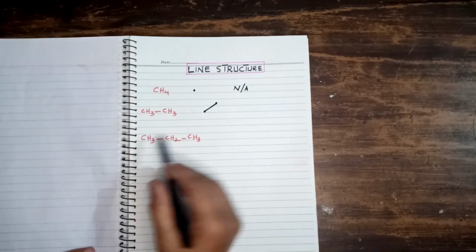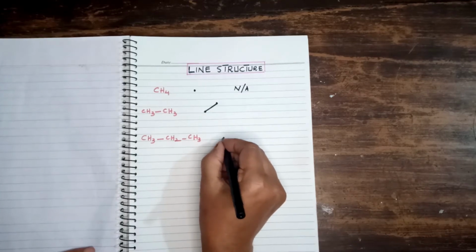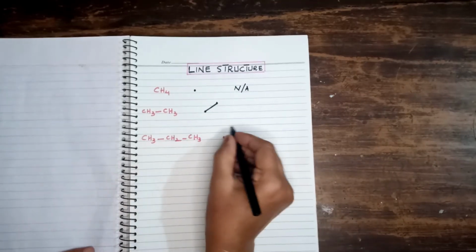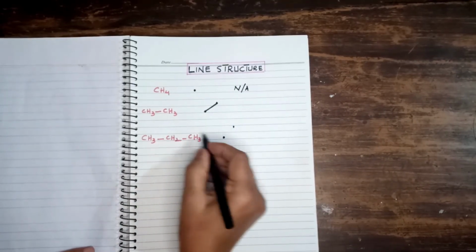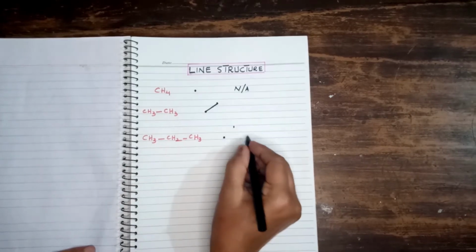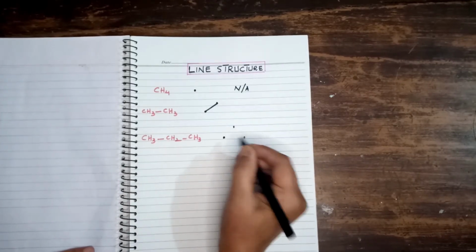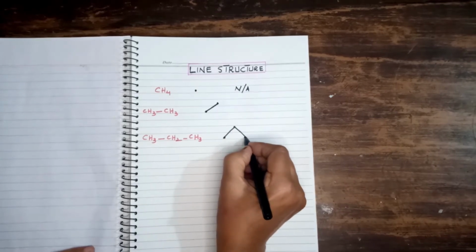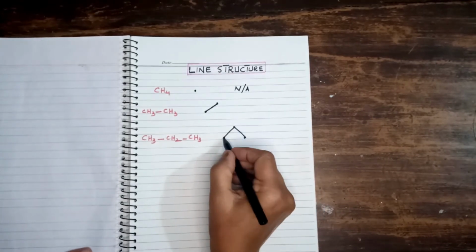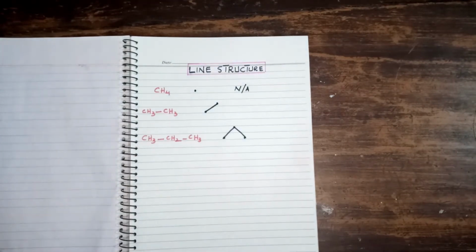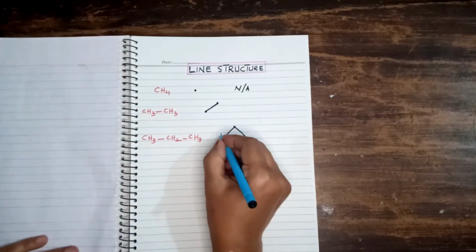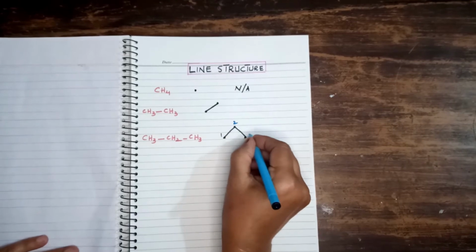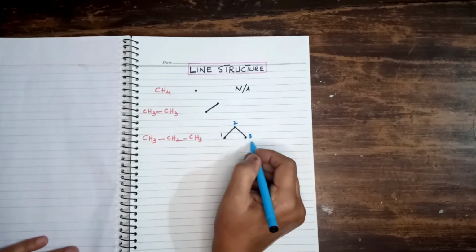We write one dot for one carbon, a second dot for the next carbon, and another dot for the third carbon. We join these dots like this. How many carbon atoms are there in this structure? 1, 2, 3. This is propane.